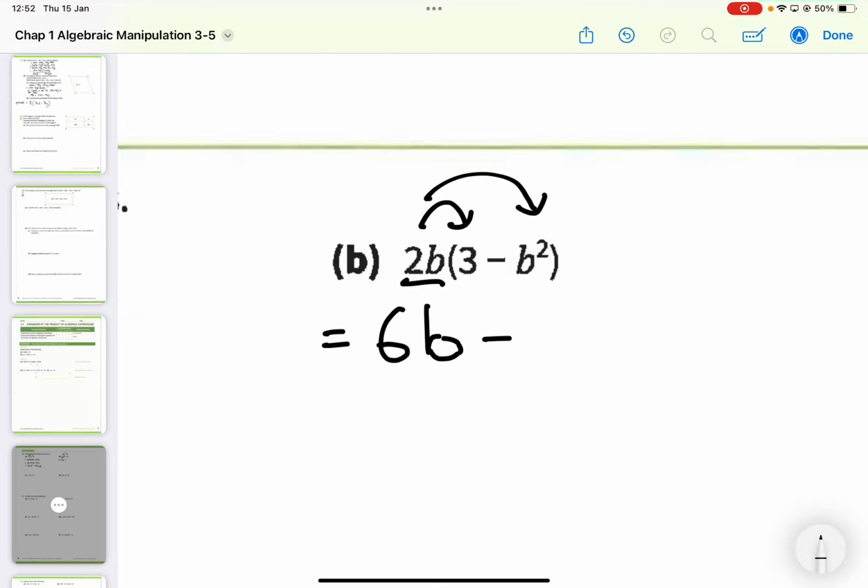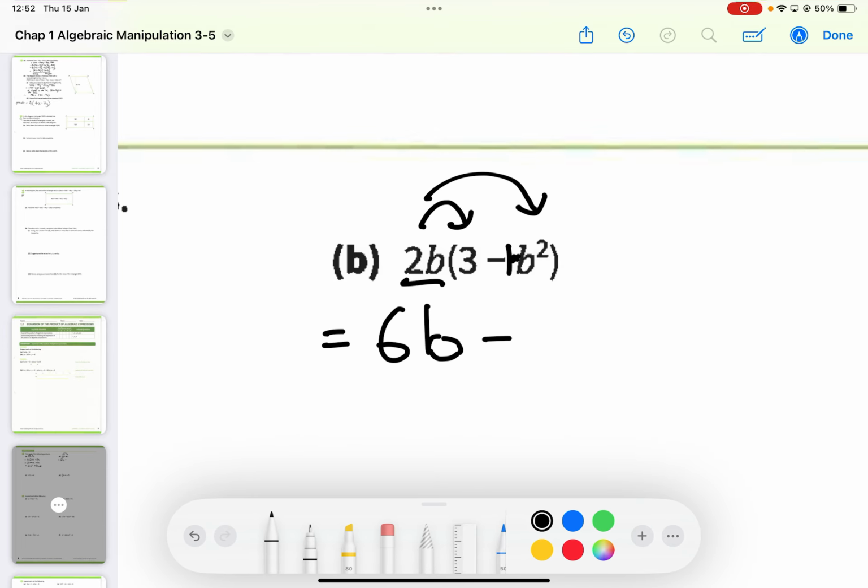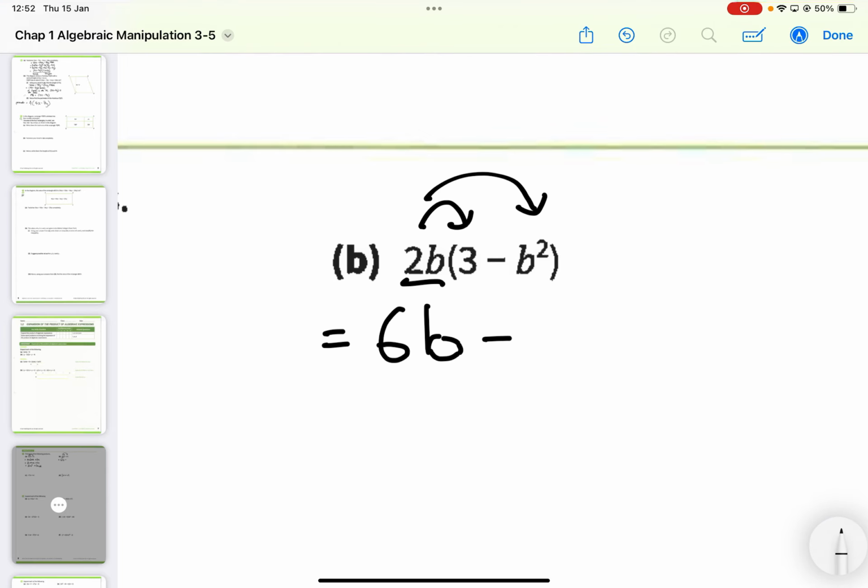Negative times positive is negative. The numbers multiply together: negative B squared is actually 1B squared, just that we don't write down the 1. So 2 times 1 is 2. B times B squared all together.